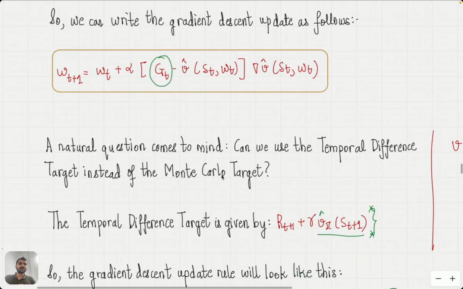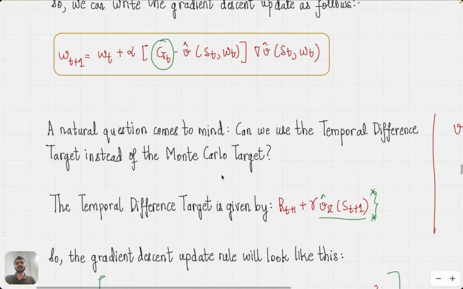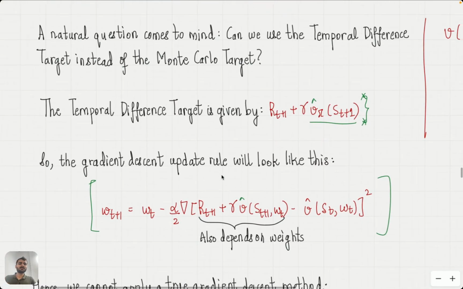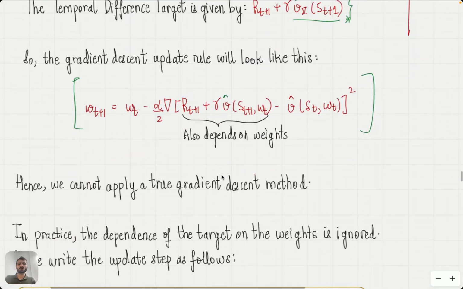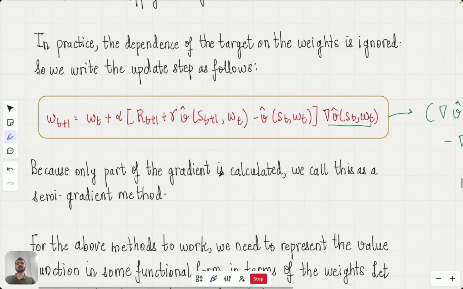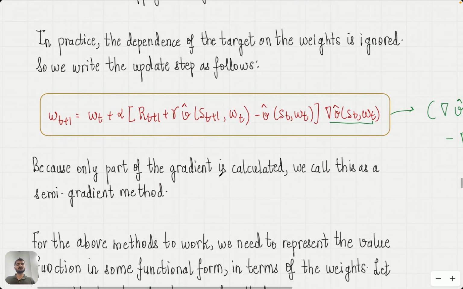So ideally, we cannot use the same gradient descent update rule, but we ignore the variation of the value function of the next state with the weights, and we use a semi-gradient rule to solve this problem, which allows us to keep the existing update and neglect the variation of the value function of the next state with the weight parameters. And so, at the end of the last lecture, we covered all these methods.